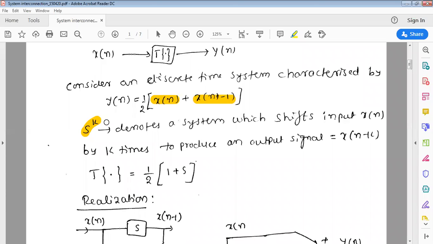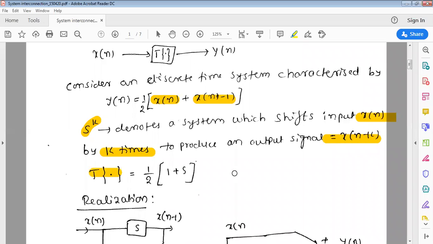If k equals 1, S power 1 applied to x of n becomes x of n minus 1. If k is 2, x of n becomes x of n minus 2. If k is minus 1, then x of n becomes x of n plus 1. So k is a parameter indicating that the input signal gets shifted by k time units, producing x of n minus k.